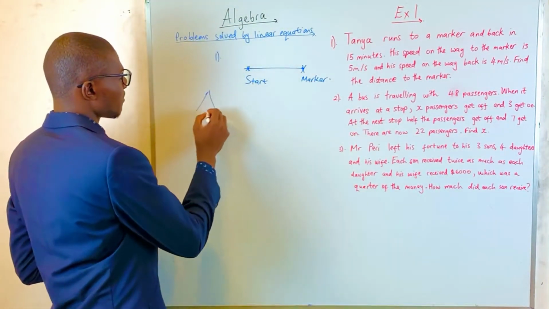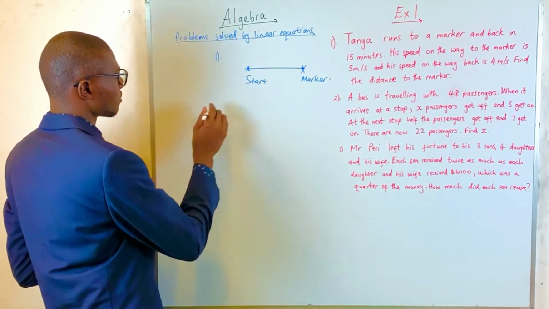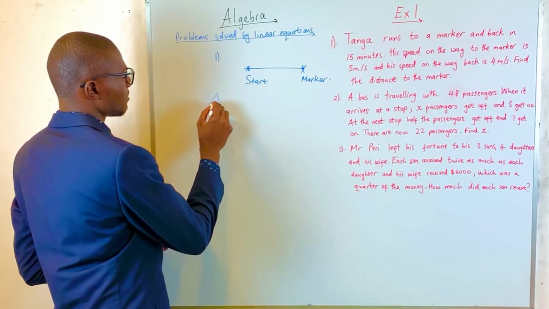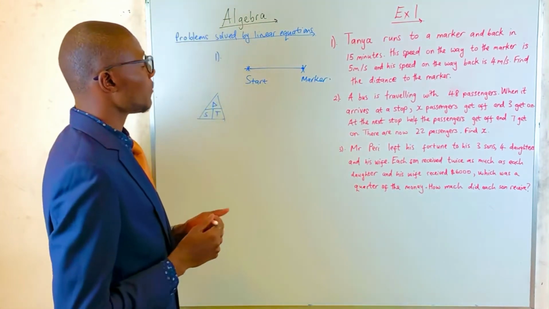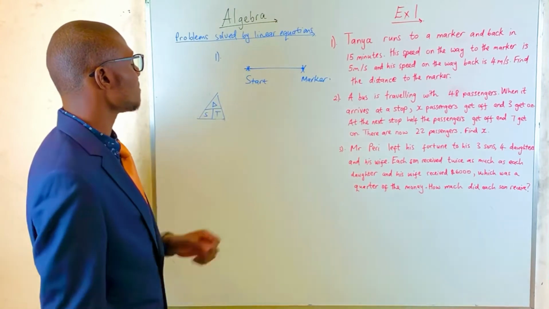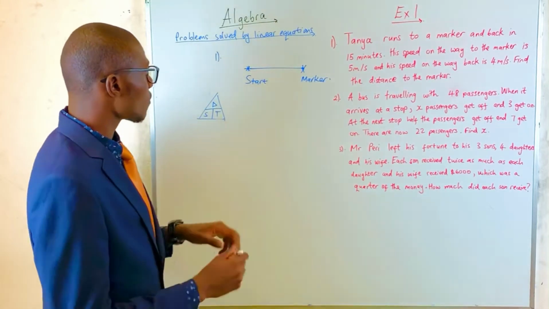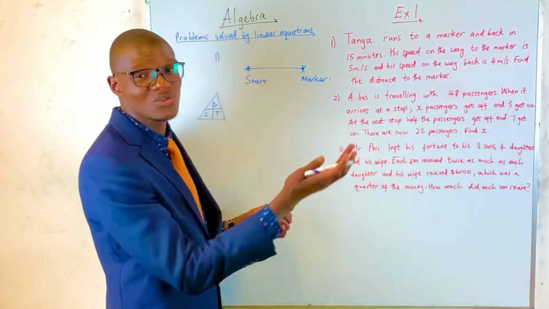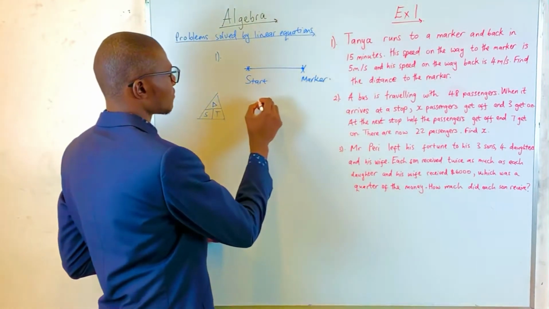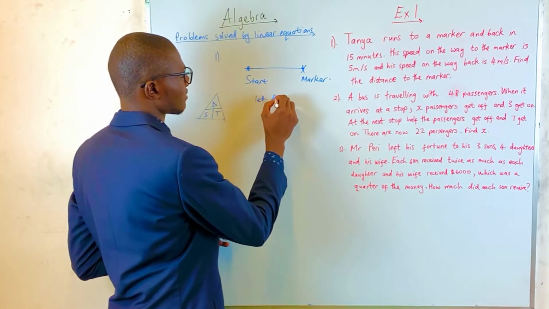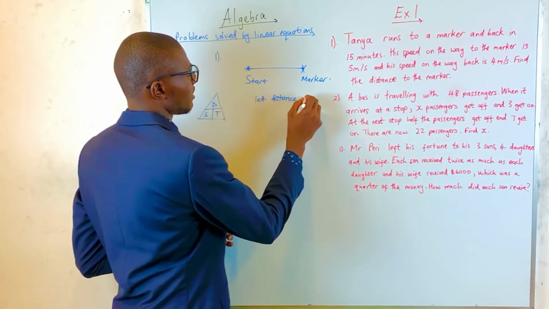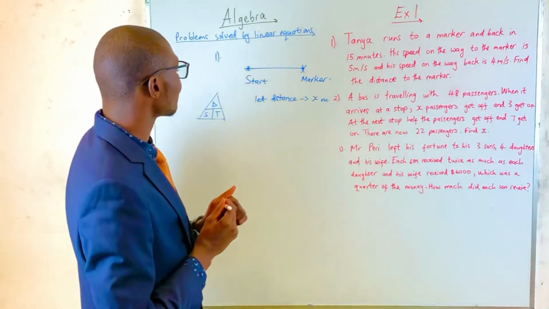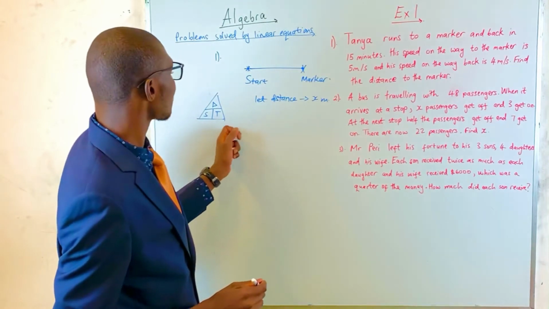If we come up with a speed, distance, time triangle, we can see that time is given by distance over speed. So let the distance to the marker be x meters. This would imply that we can write the total time in terms of distance and speed.